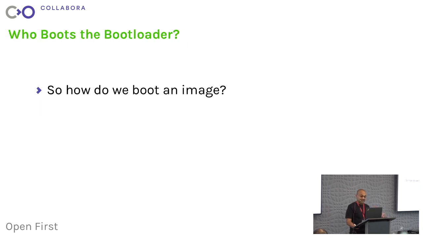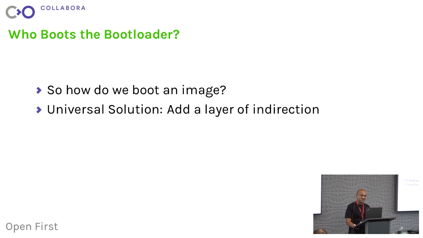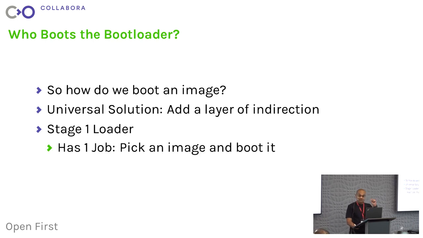How do we do that? Well, it turns out we take the universal solution. We add a layer of indirection. Solves all your problems except the one about too many layers of indirection. So we have a stage 1 bootloader, which has just one job. Pick an image to boot based on whatever your decided criteria are, and hand over to it and boot.